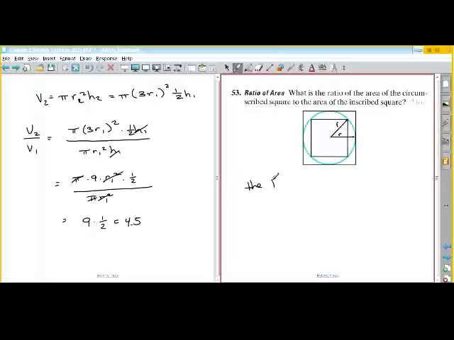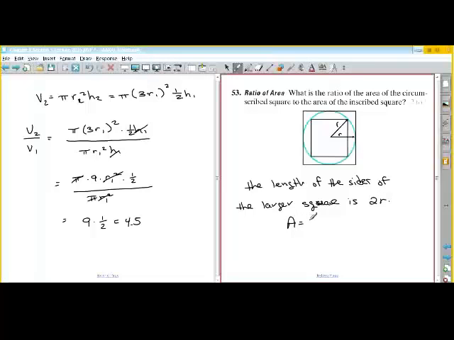So what we can say is that the length of the sides of the larger square is 2 times r.